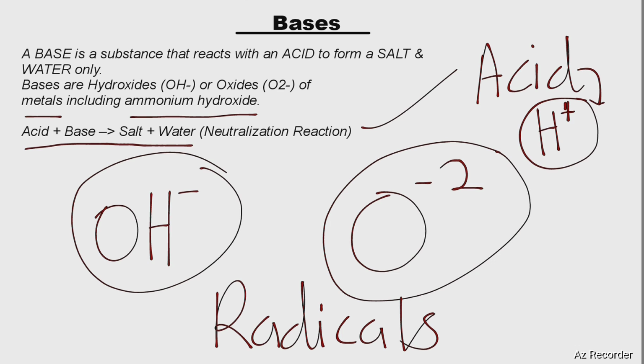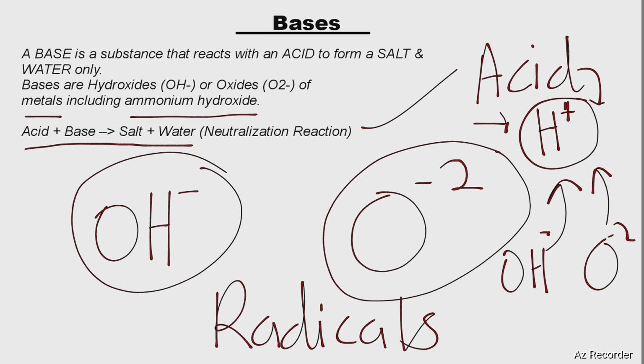So a base is going to donate the OH, or it's going to give the hydroxide. If the acid which contains the hydrogen positive ion reacts with a base which contains either the hydroxide or the oxide ion, they'll give out water.